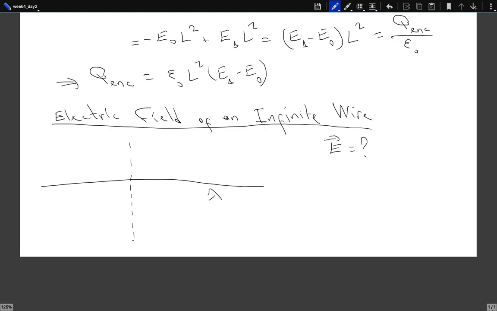There's another thing that I can do that will not change the charge distribution. Okay, I'm giving you another hint. Yes, if I push the wire in that direction, nothing will change.